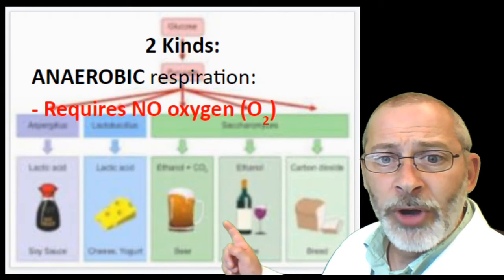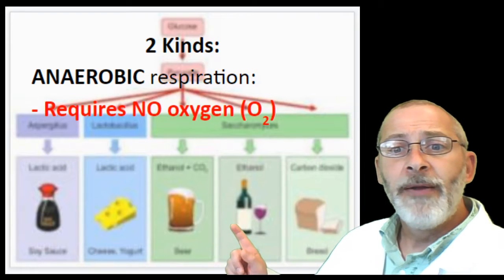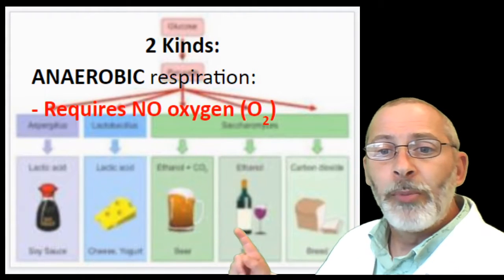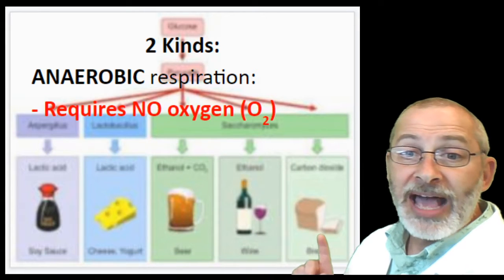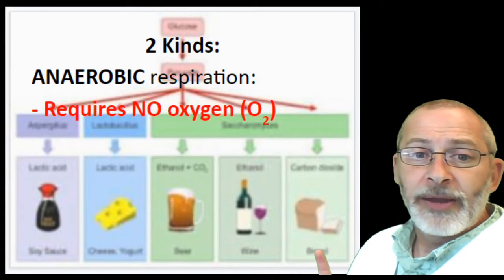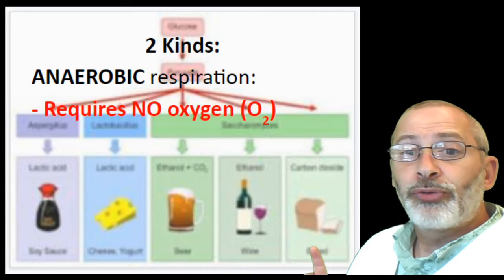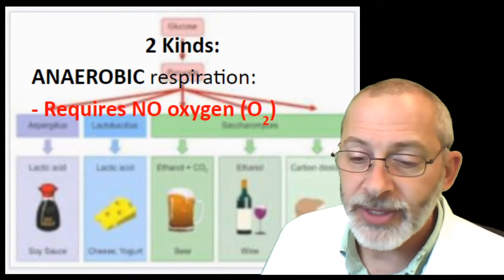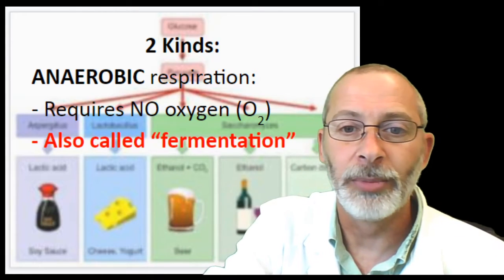We'll talk about those in a moment. But both of those are foods produced through cellular anaerobic respiration. The last one I'm sure you've experienced, bread. Bread is produced through anaerobic respiration. Let's talk about it a little bit more.